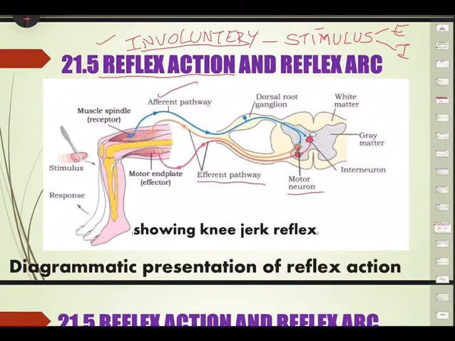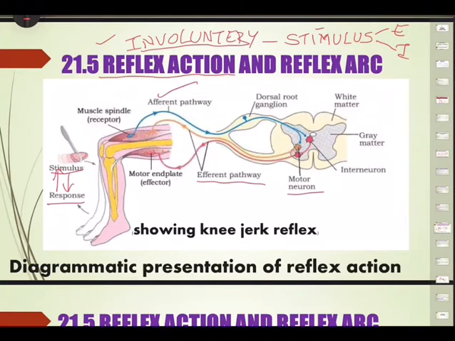So there is a stimulus, the thorn entering your foot, and there is a response. What is the response? Withdrawal of the leg from that area. So here also, there is a stimulus and a response, and this stimulus response is very, very appropriate.